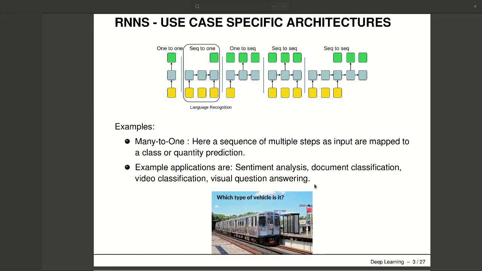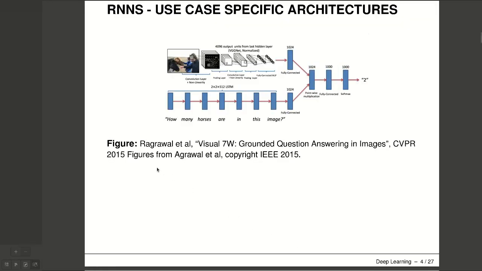And here we communicate effectively about the image in natural language. For example, as you can see in this picture, we would like to know which type of vehicle is in the current image. One example is the work done by Ren et al. in 2015.